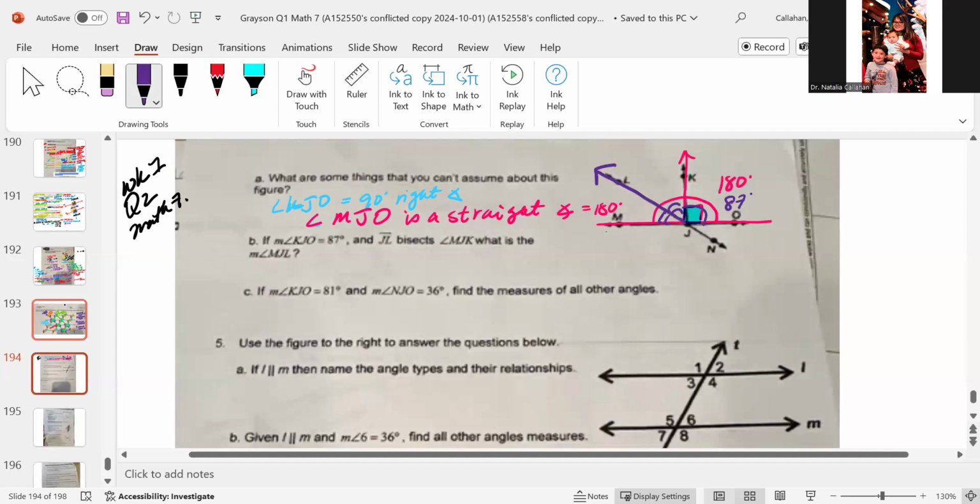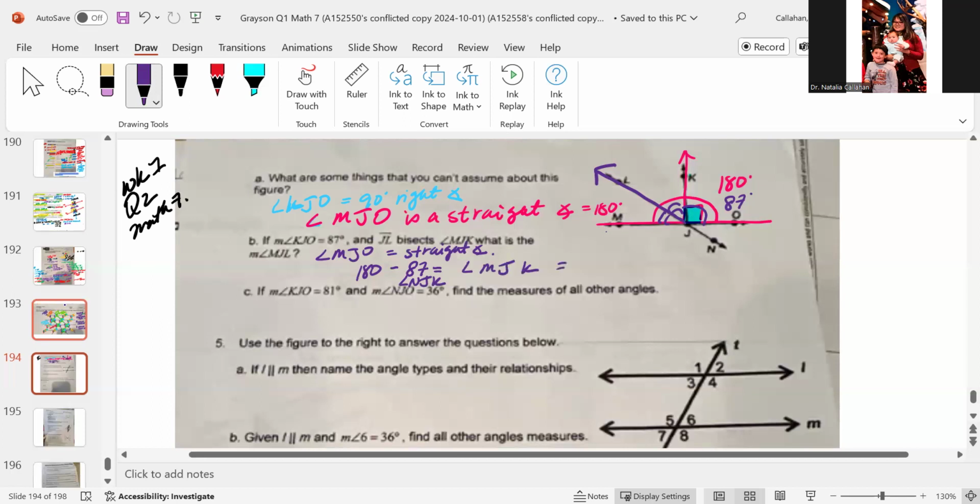What is angle MJL? Okay, we're going to assume that angle MJO is a straight angle, right? So then 180 degrees minus 87 degrees is equal to what? 180 minus 87 is going to give you angle MJK.